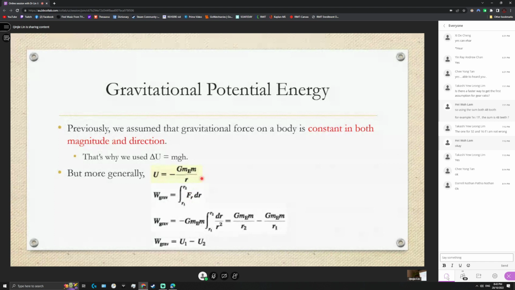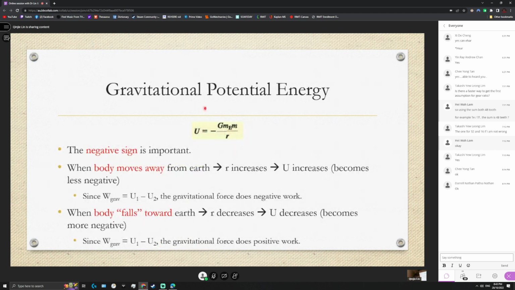So you sub that GMm over r squared into this equation, and then you try to solve it. In the end, you will get something like that: GMm over r2 minus GMm over r1. This simply means that the work done by gravity is the change in potential energy, which is correct. This is what we have already learned. The change in potential energy must be the work done. So this is correct.